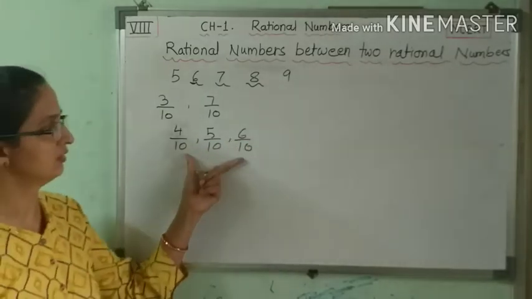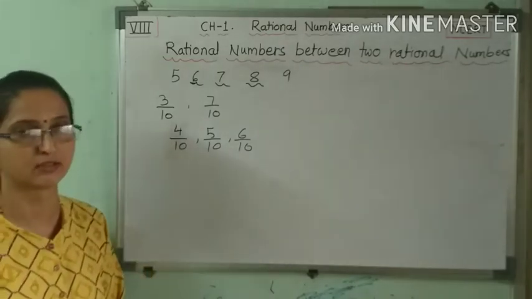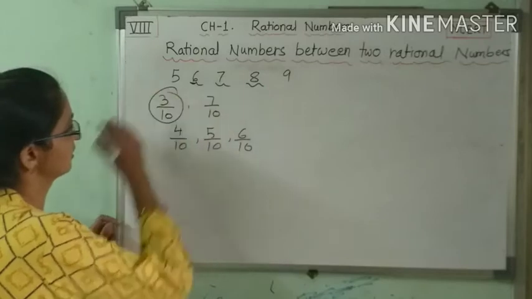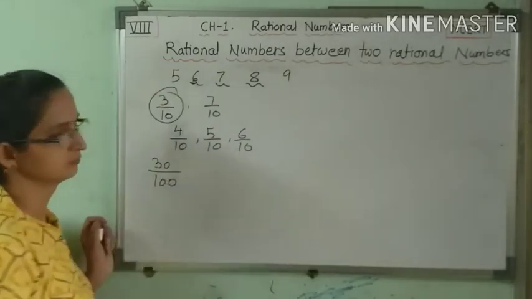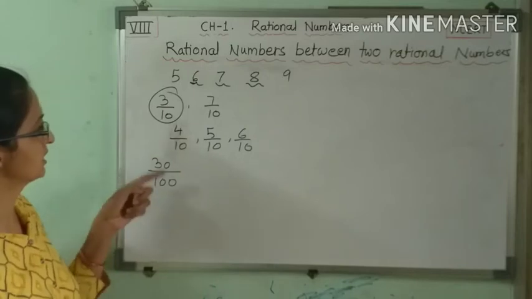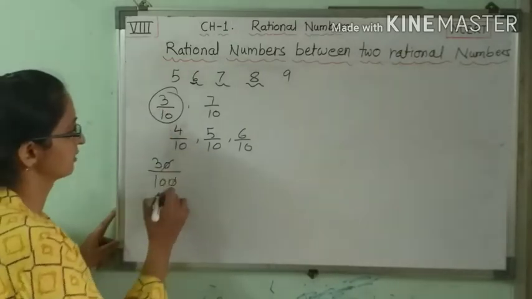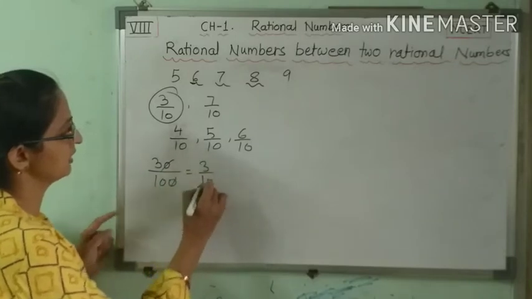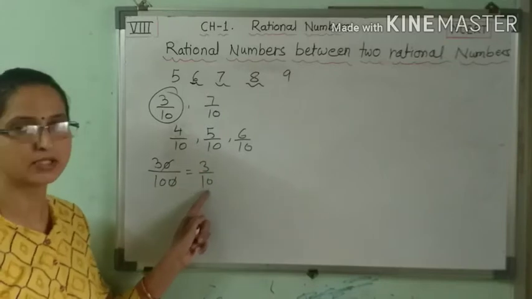So these are the numbers between these two rational numbers. But we can write this fraction as 30 upon 100 because this fraction is equivalent to this one. When we simplify, the result is again 3 upon 10.